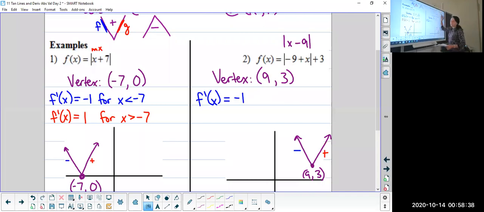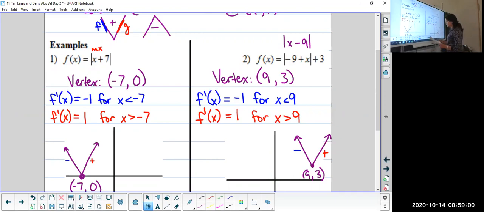Again, no coefficient on the x means that there's a slope of 1. We do need to describe this for x is less than 9. Versus the right side, f prime of x equals +1 for x is greater than 9.